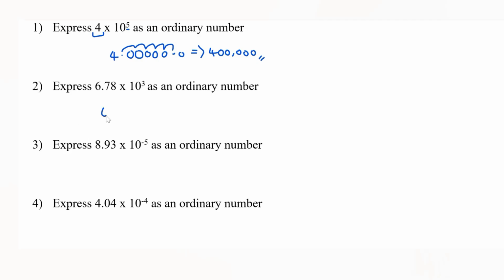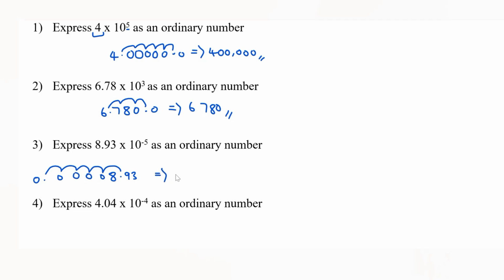Question 2, we've got 6.78, and we are moving the decimal point 3 places to the right. Giving us a final answer of 6,780. Question 3, 8.93, and we are moving the decimal point 5 places to the left as it's a negative power. Every place in front will be a 0.